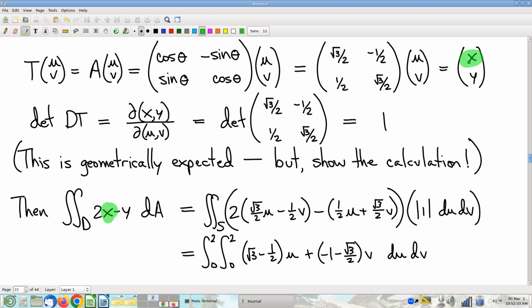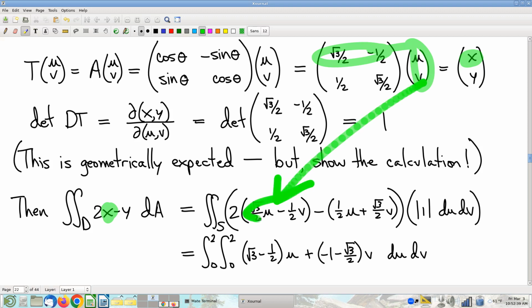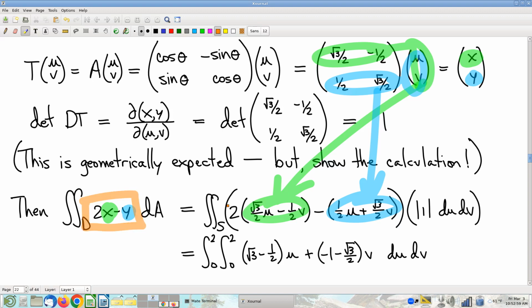First output from my change of variables function, and it's this dot that, aka that. And let's see, what is y? Well, there it is. So this dot that is that. So my original integrand, 2x minus y, is now 2 times all of that stuff minus all of that stuff. Just plug it in.